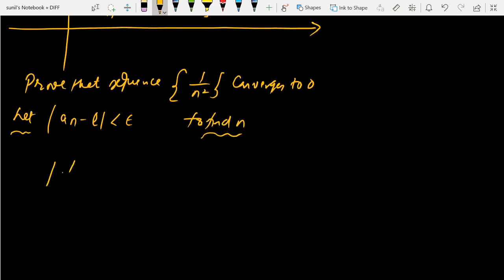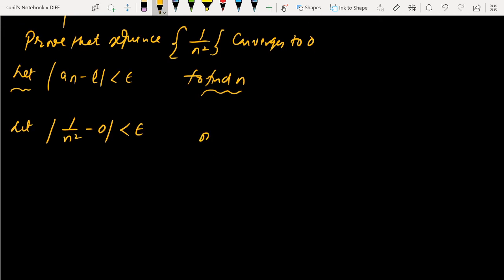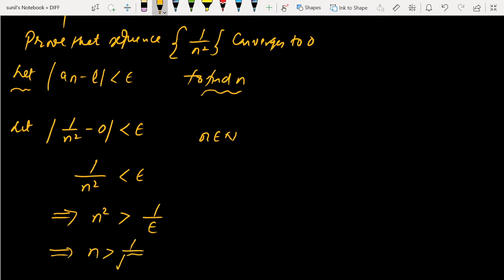So mod 1 by n square minus 0 is less than epsilon. Since n is a natural number, there is no need for the mod. So 1 by n square is less than epsilon. This implies n square is greater than 1 by epsilon, so n is greater than 1 by root epsilon.